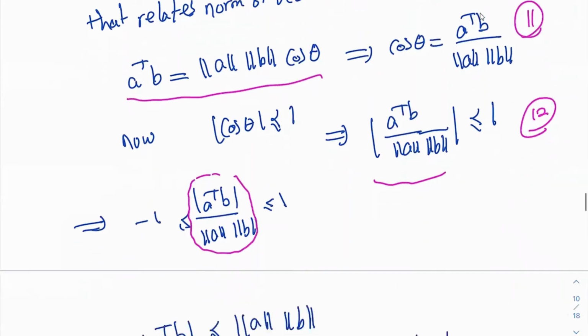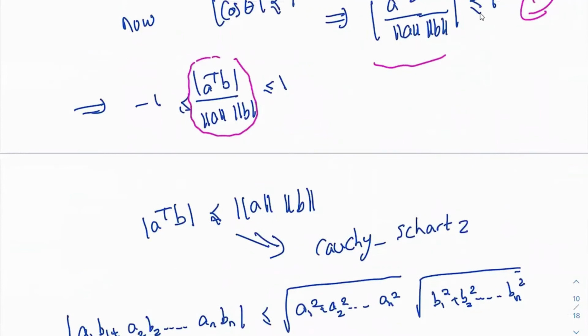What we care about is this one. If you multiply both sides by the norm of A and the norm of B, you get this. So the absolute value of A transpose B, because the dot product doesn't have to be positive, is less than or equal to norm of A times norm of B.